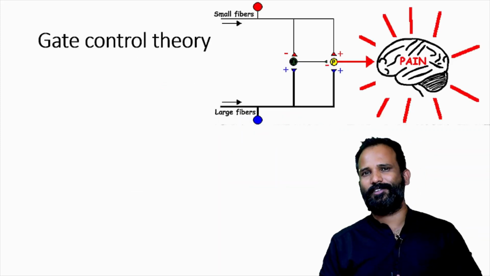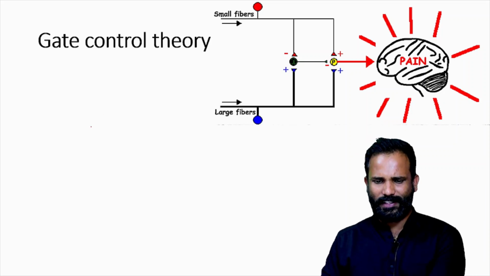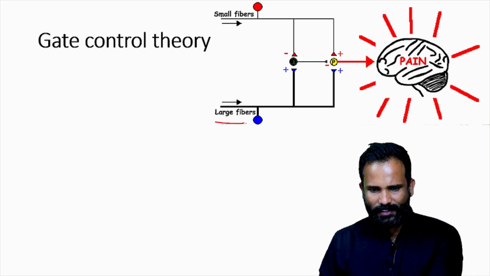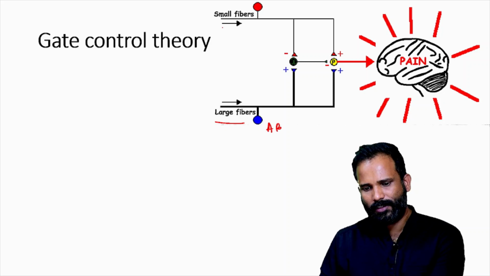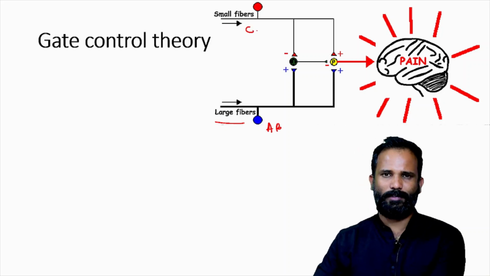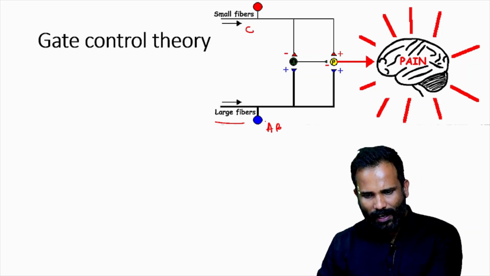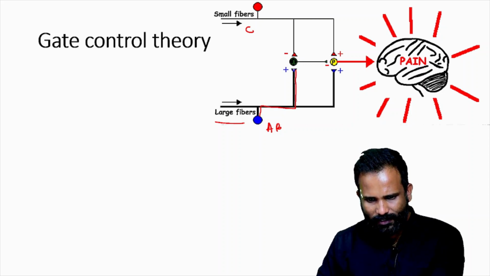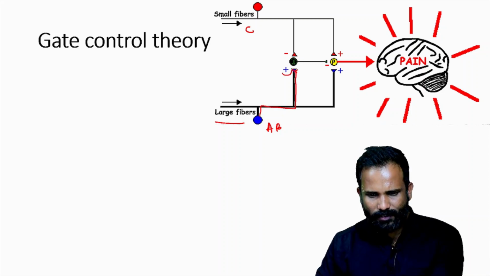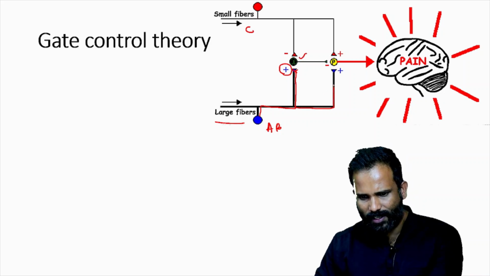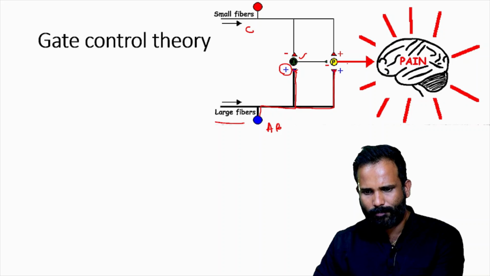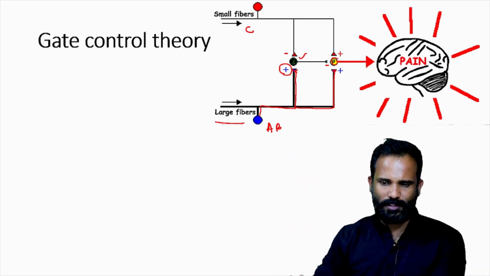And gate control theory. What is this gate control theory? If we see here, these are the A beta fibers and these are the type C fibers. Let us think that. These are carrying the somatic sensation, and if you see, they are stimulating an inhibitory neuron as well as the projection neuron which goes to the thalamus.